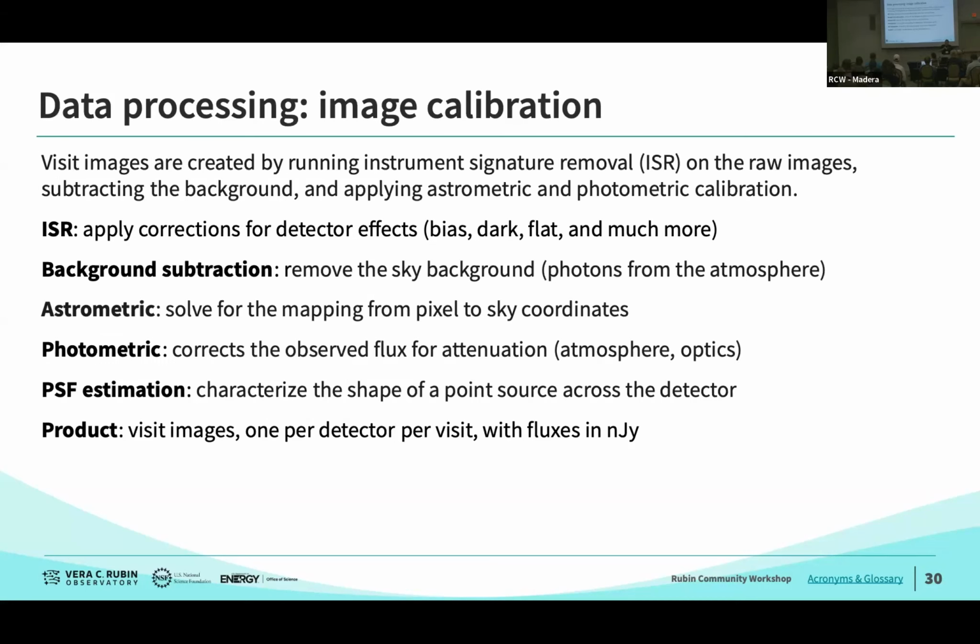The astrometric calibration allows us to go from pixel coordinates to sky coordinates, and the photometric calibration corrects the observed flux, which allows us to actually get fluxes in units like nanojanskys. We also do PSF estimations. And after all of this data processing, we get the visit images. And again, this is 1 per detector per visit.